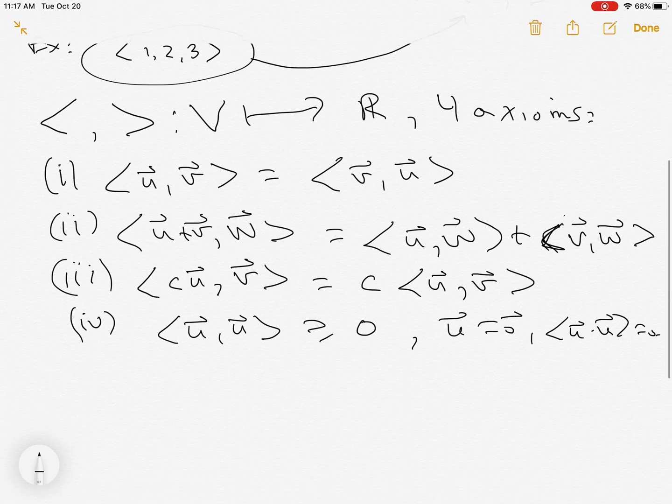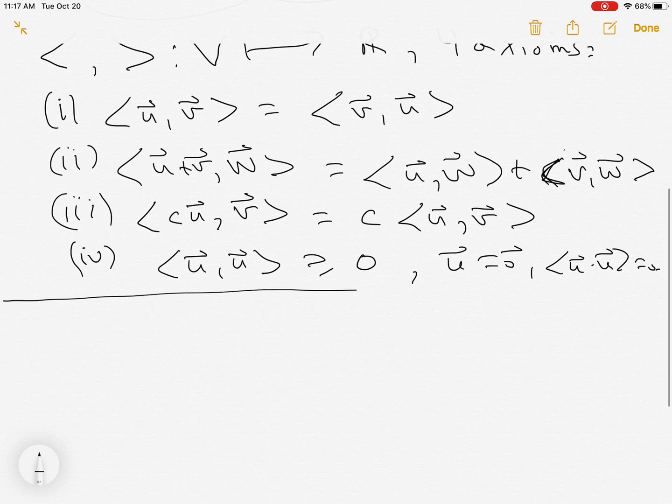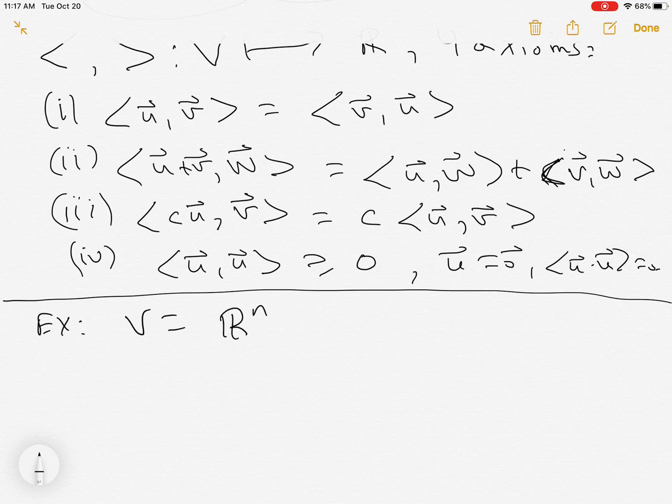All right, so let's look at some examples here. And sure enough, the first one, let V be Rn, and let the inner product just equal dot product, as we know it.